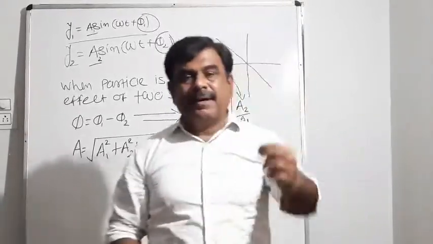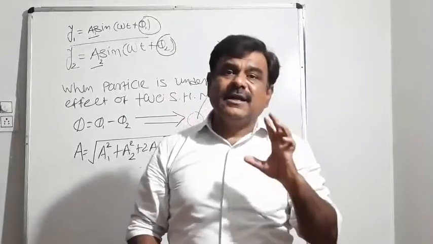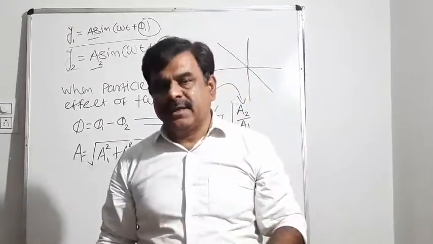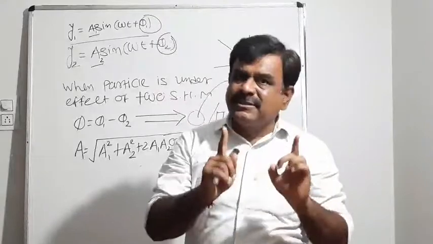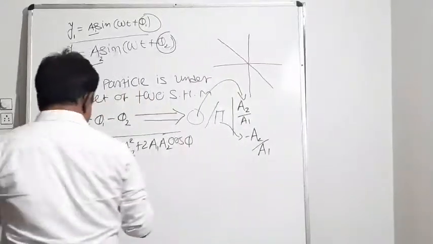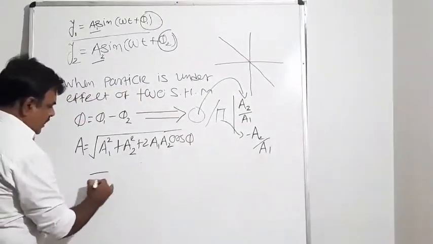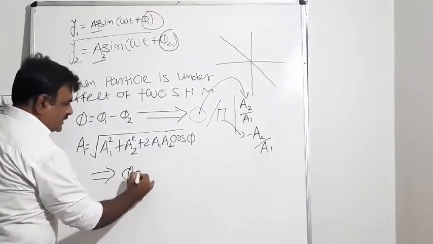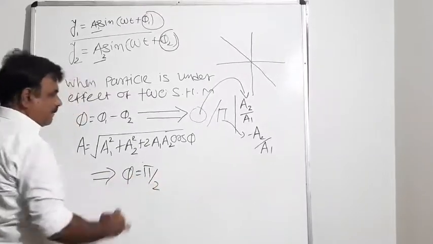Second concept, remember, when a particle is under the influence of two SHM having phase difference pi by 2, the next point I'll write over here: phi is equal to pi by 2.